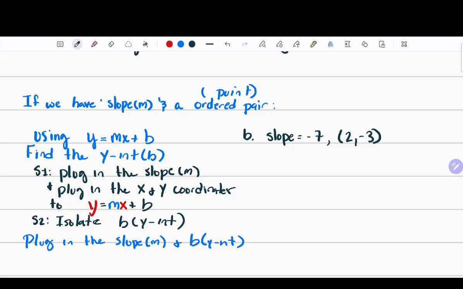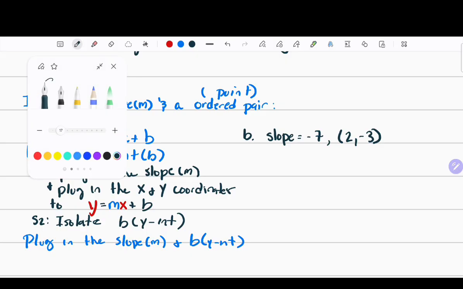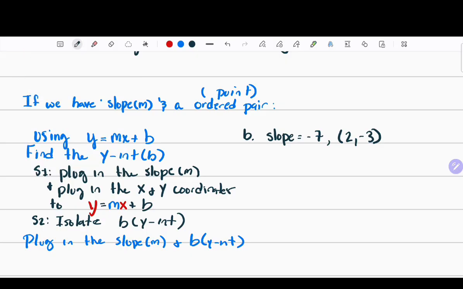So let's go through. First thing we need to do, if we already have our slope and at least one point, we have to use our slope-intercept form. So we have y equals mx plus b.